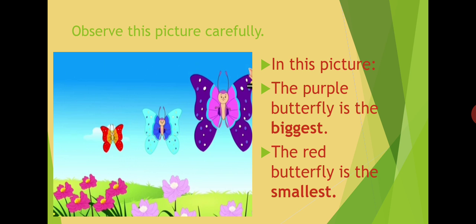So which is the smallest one? Yes, red butterfly. And which is the biggest one? Correct, purple butterfly. The purple butterfly is the biggest of all the 3 and the red butterfly is the smallest of all the 3. So in these 3 butterflies you can see the size, biggest as well as smallest.